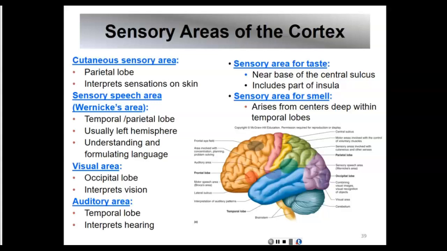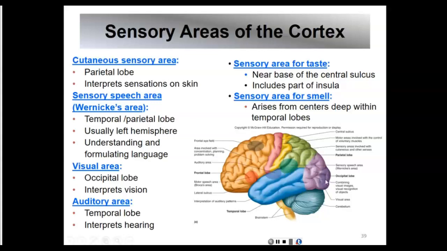The sensory speech area is also called Wernicke's area, which is right here in green, and that is on the temporal and parietal lobe, and it's usually only on the left hemisphere. It's for understanding and formulating language. This is why if you have a stroke in this area, you have a difficult time understanding or formulating words. This can be pretty problematic if something happens here.